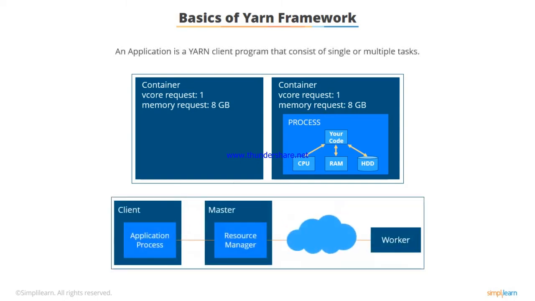An application is a Yarn client program comprising single or multiple tasks. For every running application, a special piece of code called Application Master helps coordinate tasks on the cluster. This code runs as soon as the application starts. Let's understand the execution flow in Yarn on the next screen.